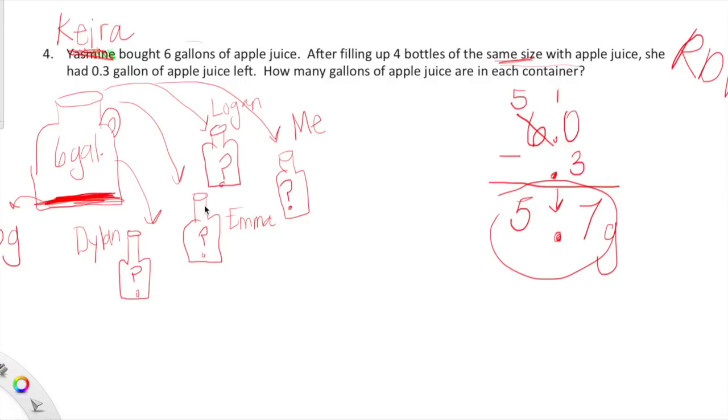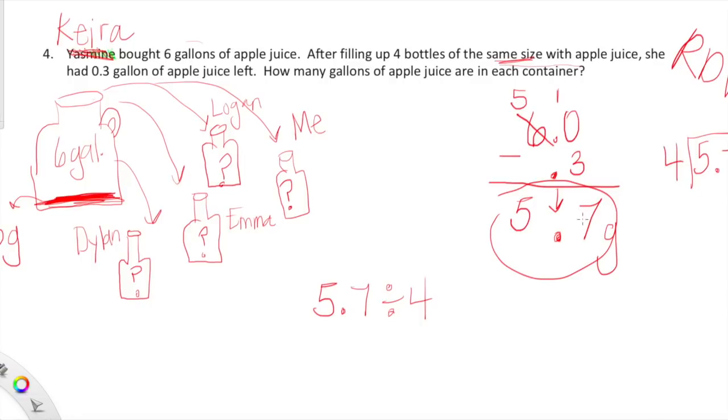She poured 5.7 gallons across these 4 bottles evenly. I smell long division. All we have to do in order to find out how many gallons each of us is receiving is divide 5.7 by 4.